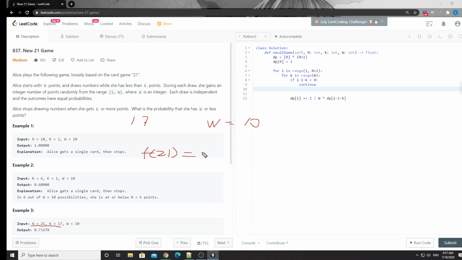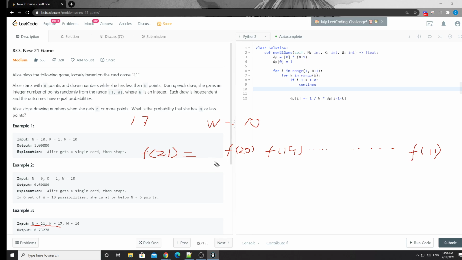So the 10 ways is going to be from F20, F19, and until F11, right?